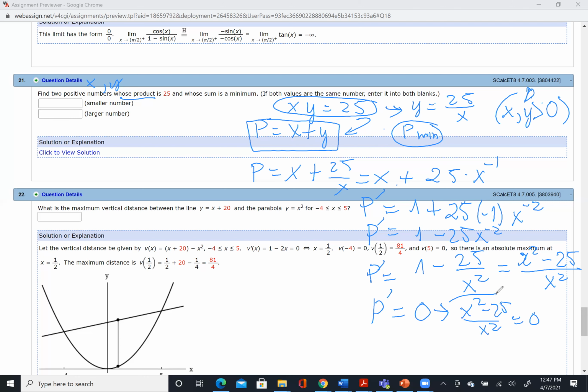So let the top equal to 0. x squared minus 25 equals 0. So you have x squared equal to 25.